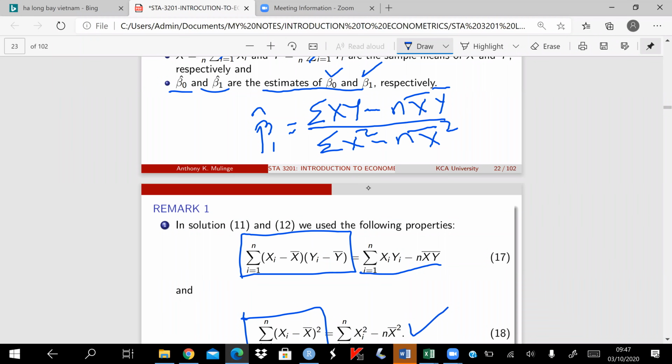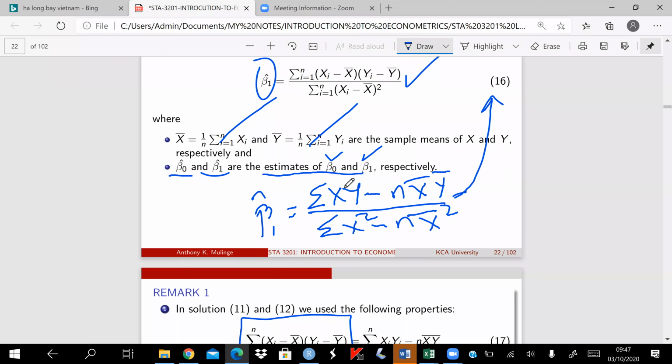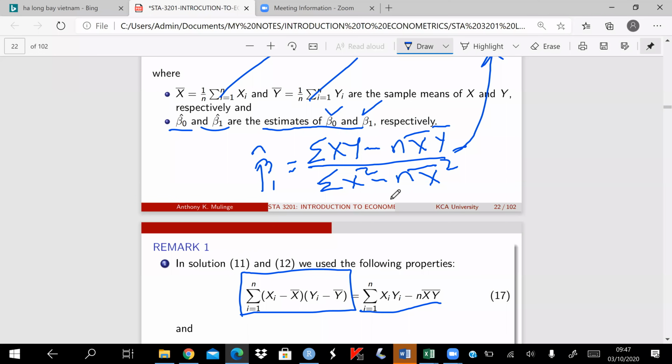This is the same as number 16. So you just take x and y, and you don't need to find so many of these things. You just take the actual data most of the cases.